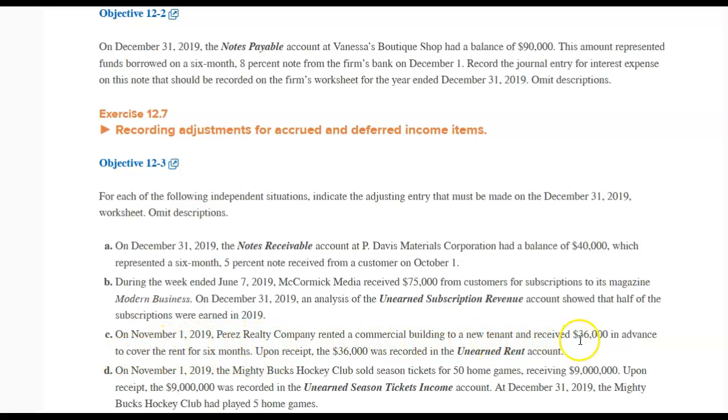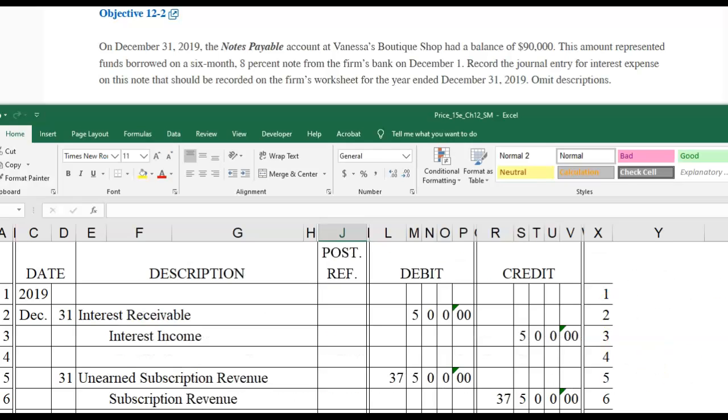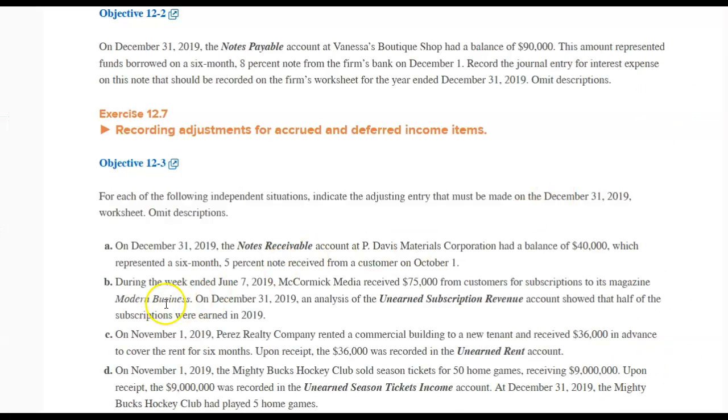They have a building. They received $36,000 in advance to cover the rent for 6 months. Upon receipt, the $36,000 was recorded in unearned rent revenue. So this is rent for 6 months, so $36,000 divided by 6. And then how many months went by? From November 1 to December 31, so we have to account for 2 months.